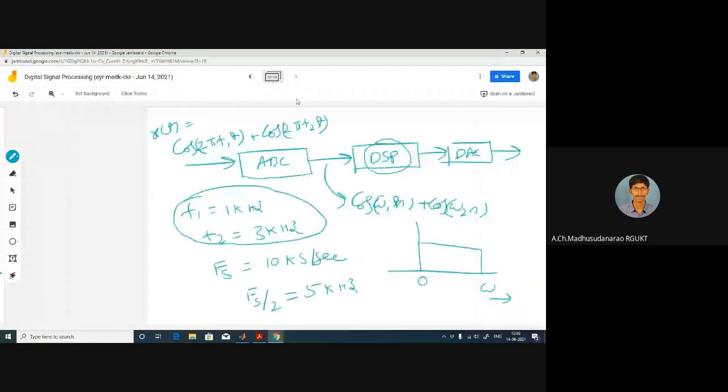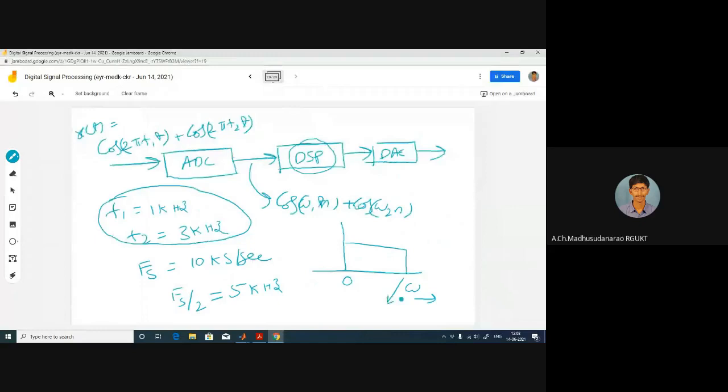What I am doing is trying to design a digital low pass filter with a cutoff frequency omega c equals 2 pi by 5. Let's assume an ideal filter. Gain 1 in pass band, gain 0 in stop band. Stop band gain is 0. Now, according to this filtering, what is the output of this? What is the output we are going to get?